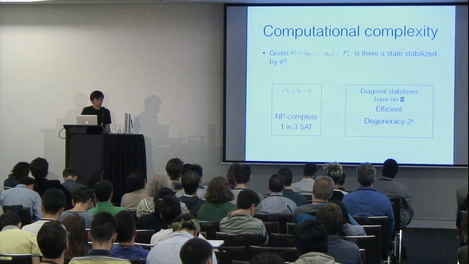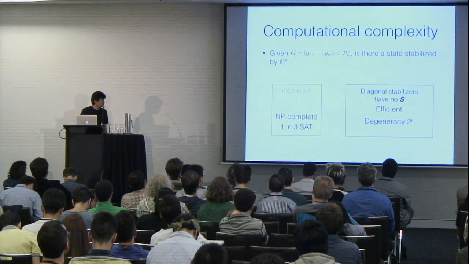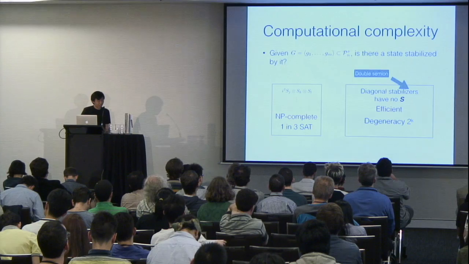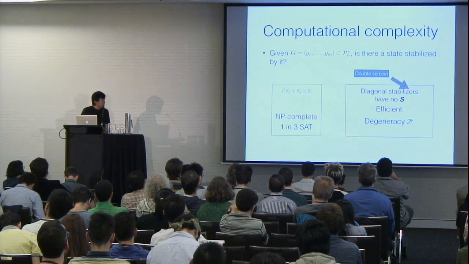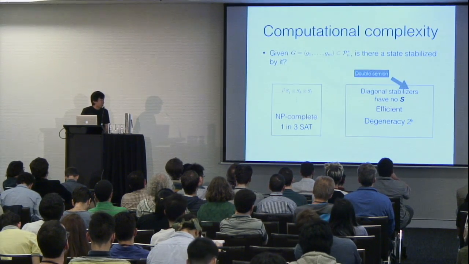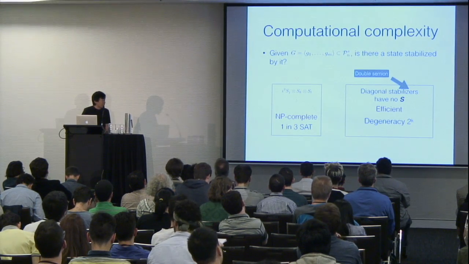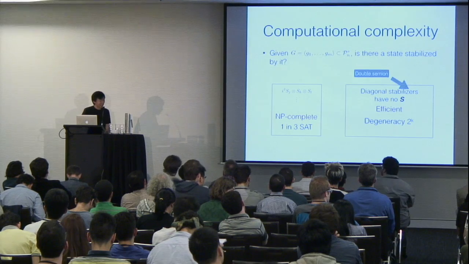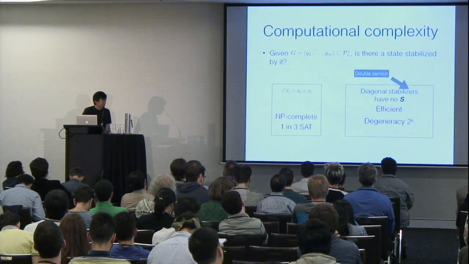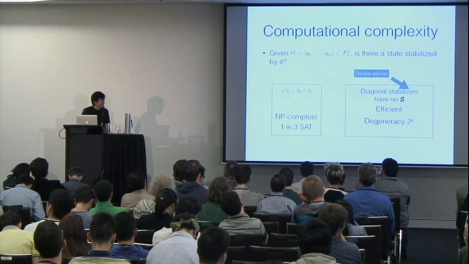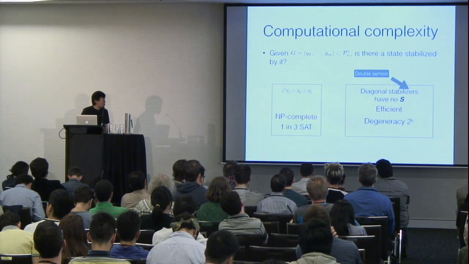So it's very similar to the Pauli case. This kind of condition might seem a bit arbitrary, but actually, for example, the double semion model I told you about satisfies this, and all the abelian models we know in the twisted quantum double model also satisfy this condition.